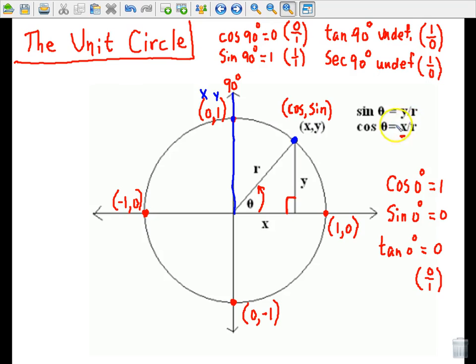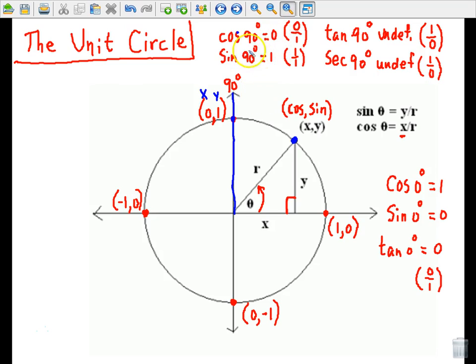If cosine is the x-coordinate divided by the radius, the x-coordinate is 0, and it doesn't matter what the radius is. 0 divided by anything is still 0. So that helps prove that cosine of 90 degrees is 0.